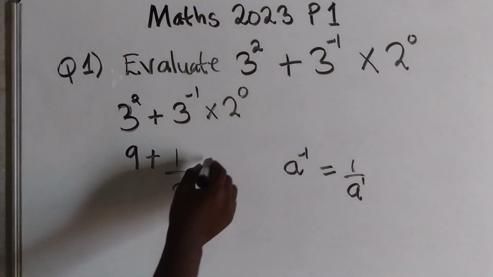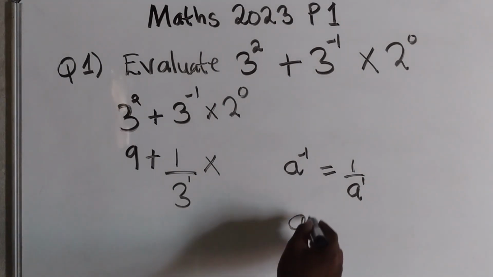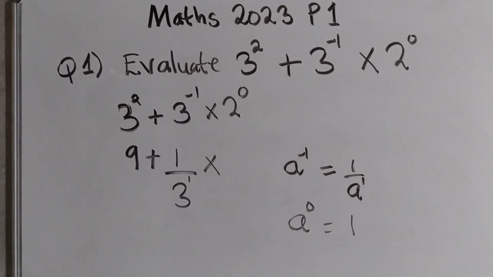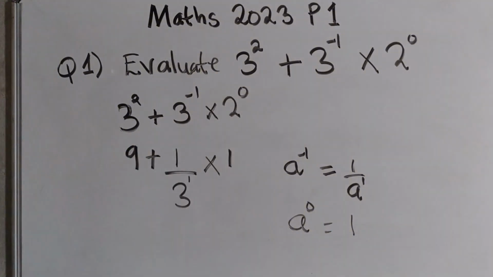Then times. Now for this one, under the rules of indices, if you have a raised to the power of 0, this will be written as 1. Any number raised to the power of 0 gives us 1. So here, 2 raised to the power of 0 is 1. I hope that you are following.